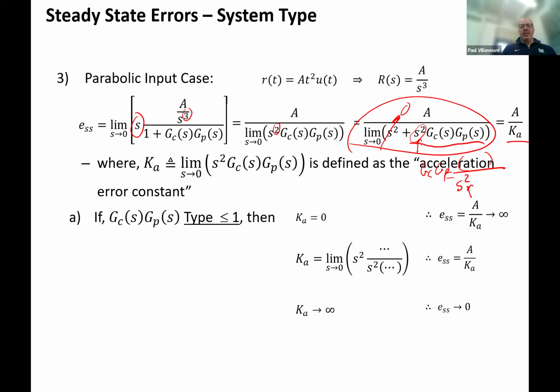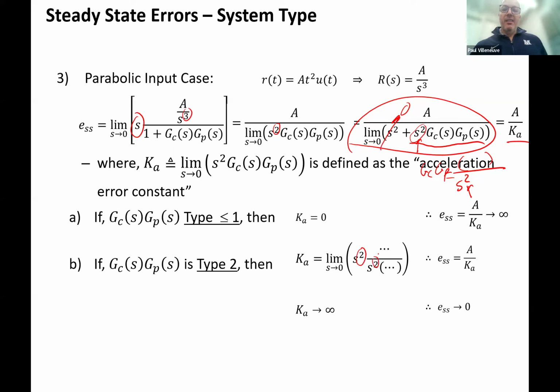Okay. So if it's a type 2 system, then we've got a chance because we see that those have the possibility of canceling each other out. S squared cancels out. So now we're going to end up with a non-zero number or a non-infinity number. So for type 2 systems, you can just go ahead and calculate what K sub A is.